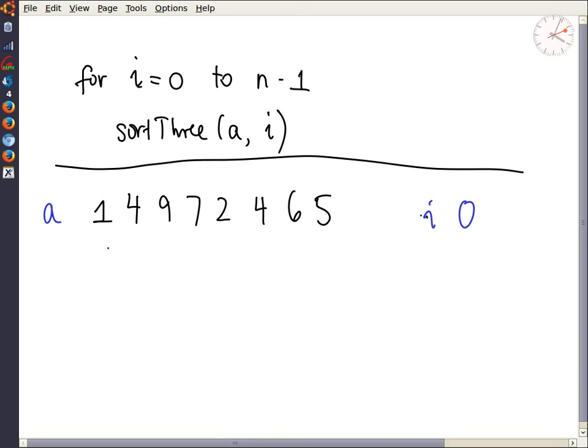And so now we're going to be sorting this here. So what is the first call to 3 sort? We sort these 3, so they stay at 1, 4, 9, right? Now i gets incremented to 1, and now we sort these 3 here.